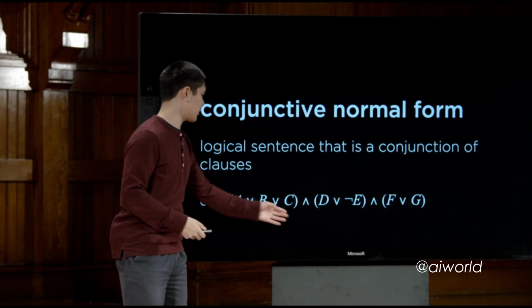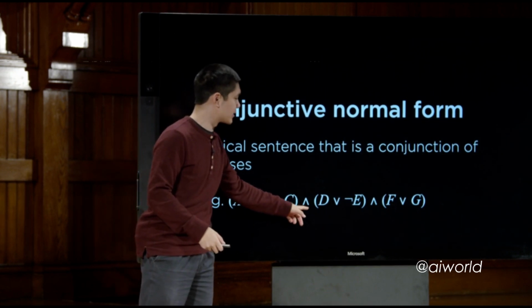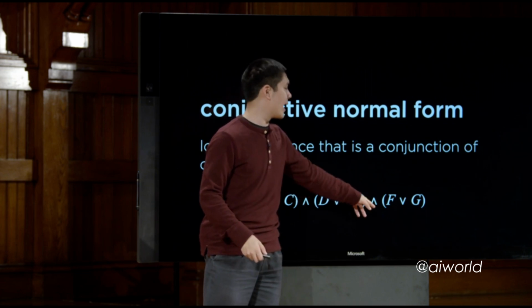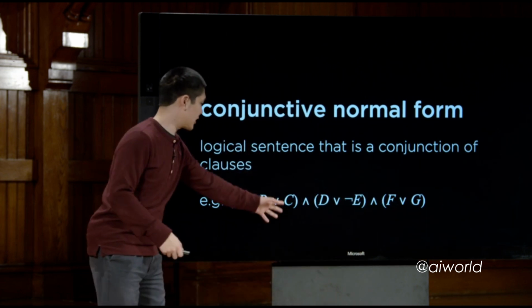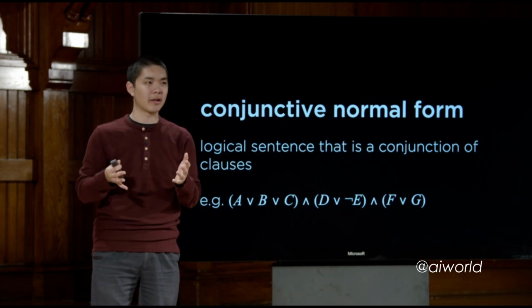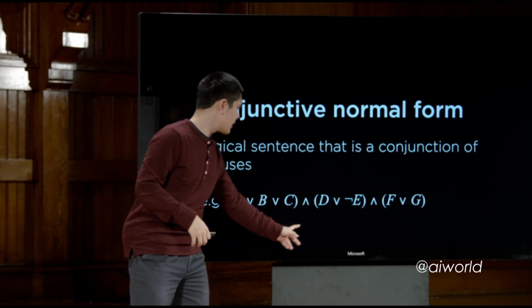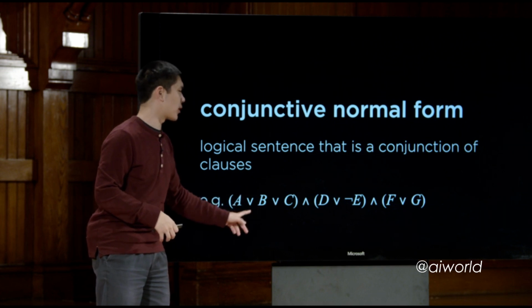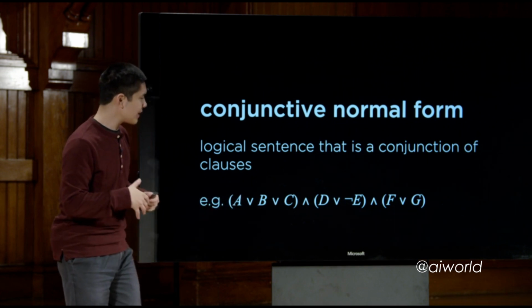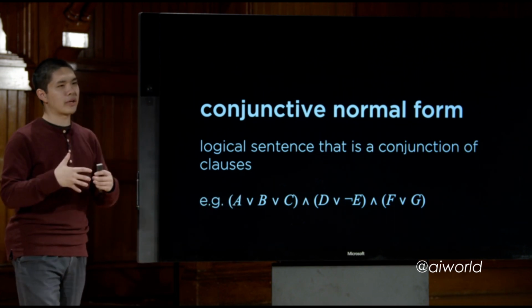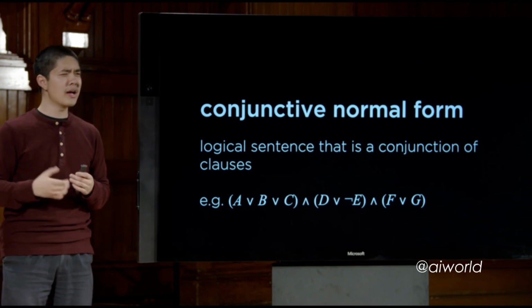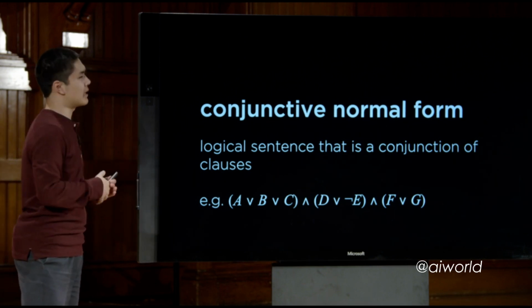So something like this: A or B or C, and D or not E, and F or G. Everything in parentheses is one clause. All of the clauses are connected to each other using an and, and everything in the clause is separated using an or. And this is just a standard form that we can translate a logical sentence into that just makes it easy to work with and easy to manipulate.